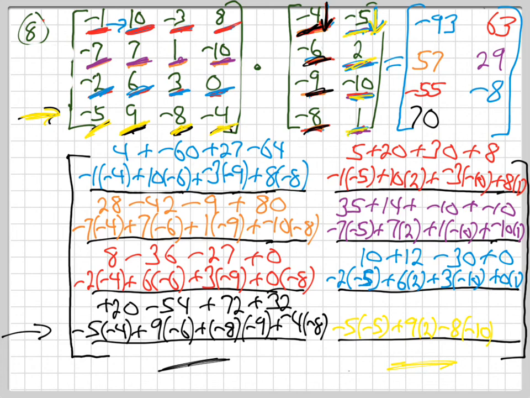Jump to the right, jump down always. Minus 4 times 1. I'm going to run out of room there. So what's that? 25 plus 18. Minus 8 times minus 10 is plus 80. And minus 4 times 1 is minus 4. Do those on your calculator and you get 119. There we go.